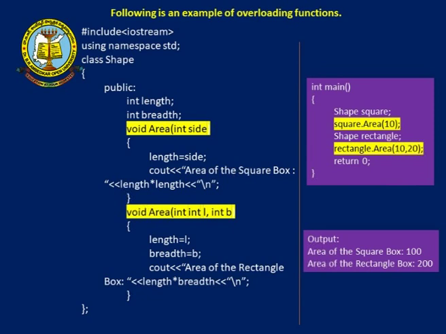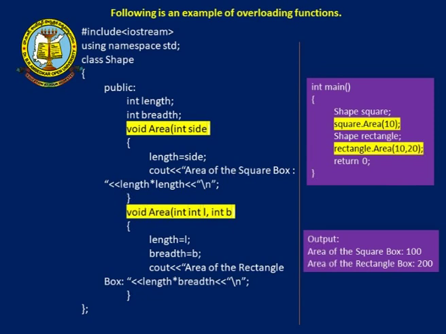And in the second case we have created one more object of shape type. The object name is rectangle. Rectangle is an object of shape type, and rectangle dot area, we are passing here two arguments, 10 and 20. So in this case the compiler at compile time will try to find the exact match for this function call.